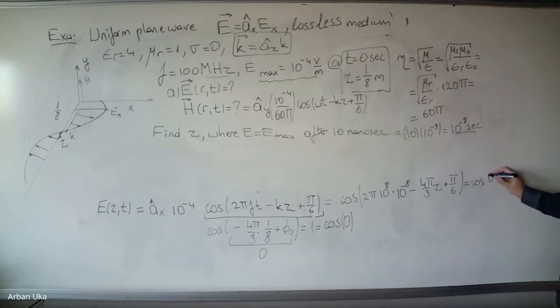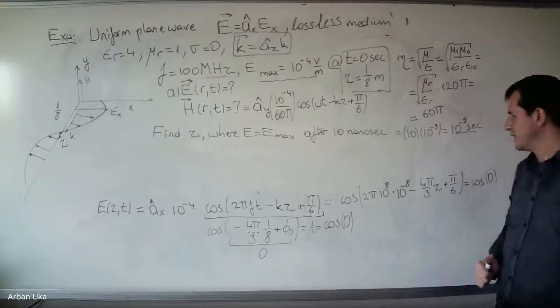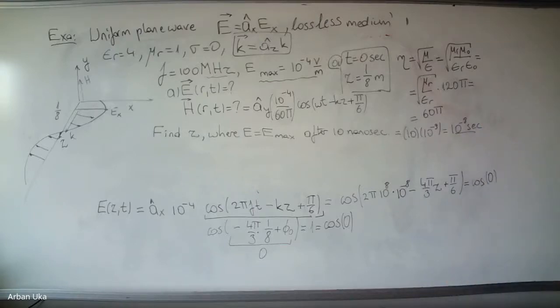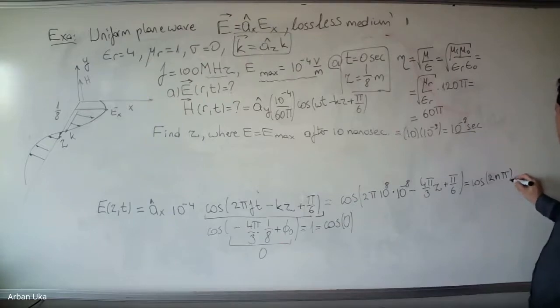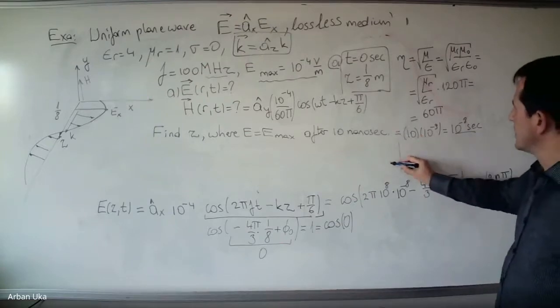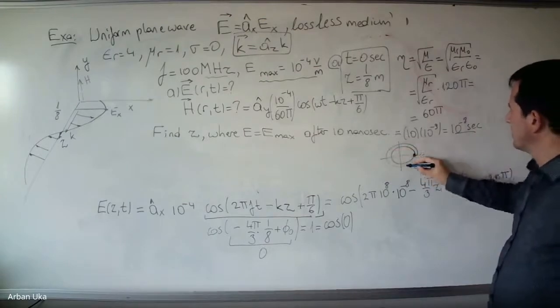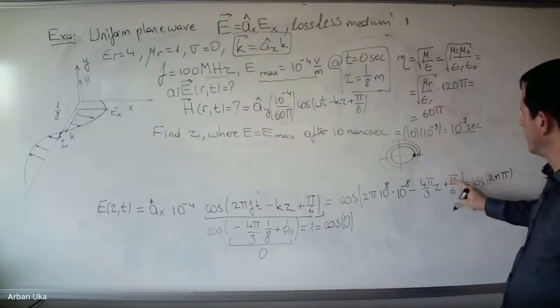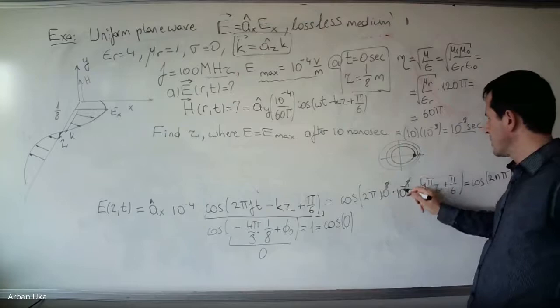cosine 0, but it can also be cosine minus pi. So once we look at this, we can even call this one cosine 2n pi, okay? Because we know that cosine is 1 at 0, it's 1 at 2 pi, at 4 pi, at 6 pi. So probably a more general expression we can get from here. At this moment, we cancel this out.